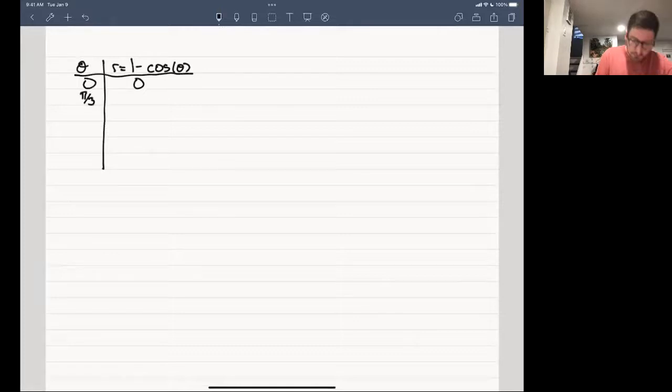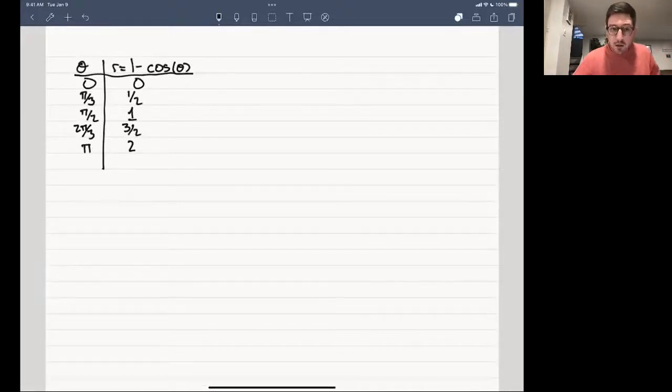How about pi over 3, for example? Well, in this case, you are going to be at r is equal to 1/2. So you can just put these into a calculator if you want to. When you are pointing straight up, then cos is 0, so you get r is equal to 1. You're 1 unit away from the origin. And when you're at 2 pi over 3, then you are at a distance of 3/2 from the origin. So you're getting farther from the origin now. And when you get all the way up to pi, we've already seen this, you're at 2.